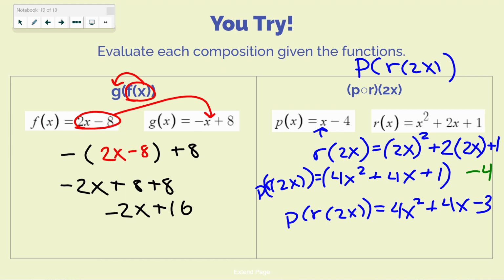All right, next up we're going to do some operations with our compositions. You guys don't really need to write anything down on the next slide. I'm just going to talk about it for a brief sec, and then we'll do some more operations with, once again, the same F, G, P, and R functions.